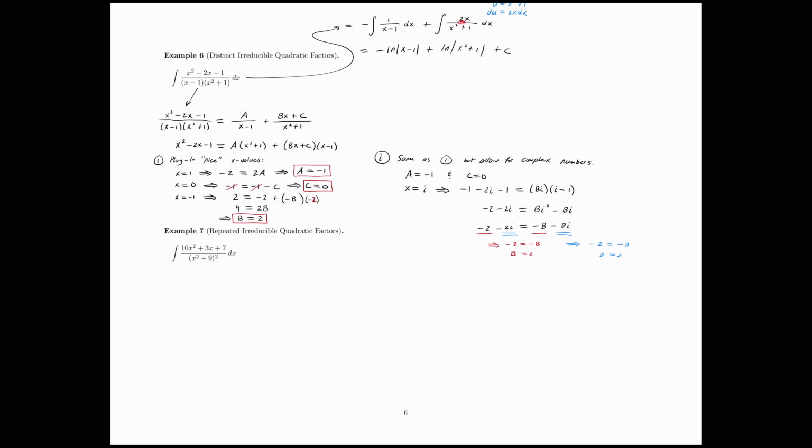We have a 2x dx, so that immediately becomes a du, and we have 1 over u du, so natural log absolute u, and then back substitute to give us that. Again, we can simplify this because we've got logs: log of x squared plus 1 over x minus 1 plus c.